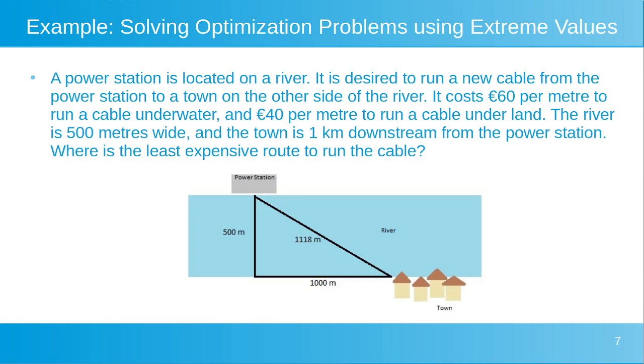And we can use the theorem of Pythagoras to work out the length of the hypotenuse of the triangle, which gives us 1,118 meters. So now we know the length going in a straight line from the power station to the town. Based on this distance information and the information of how much it costs per meter underwater or under land, now we can start working out the costs of our initial ideas.